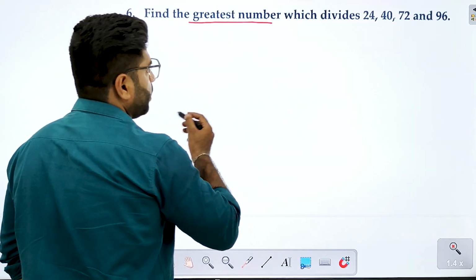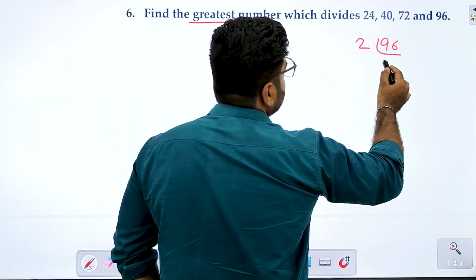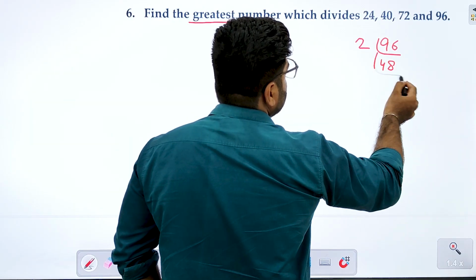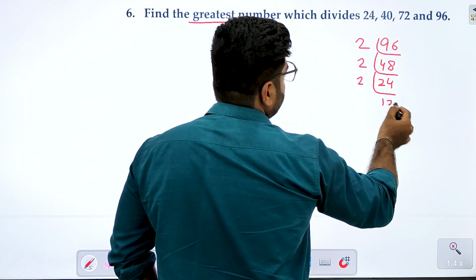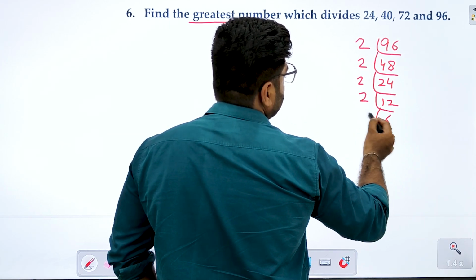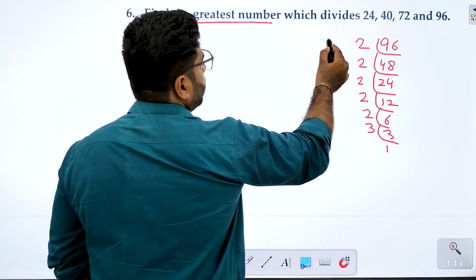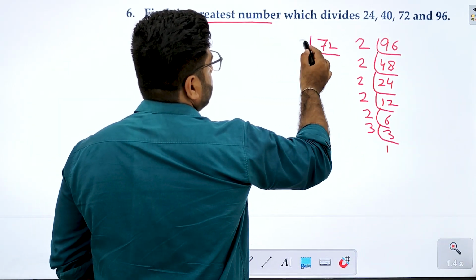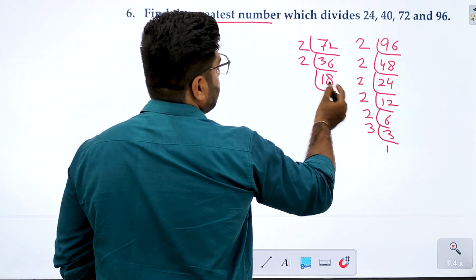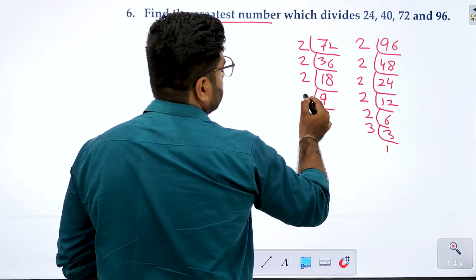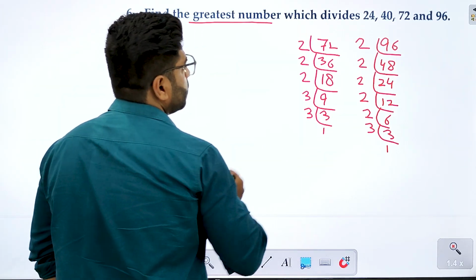Clear? So first thing, we have to find out the prime factors of these numbers, just like 2, 4 to the 8, 8 to the 16, then 2, 24, then 2, 12, 2, 6, 2, 3, 3, 1. Then we are having 72, and 2, 36, 2, 18, 2, 9, 3, 3, 3, 1.